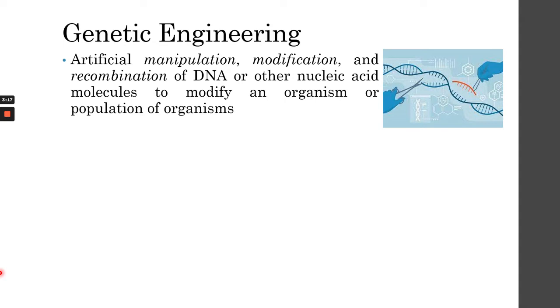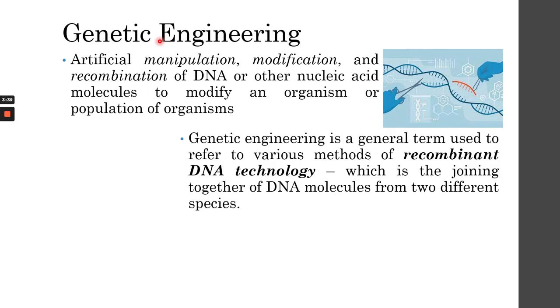So DNA has been a very interesting subject in biology, because what we can do now with DNA is manipulate it, modify it, and create various combinations of DNA to express very specific traits that we want. That's what we call genetic engineering.